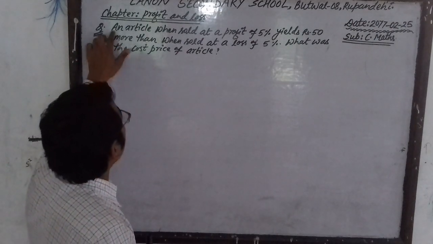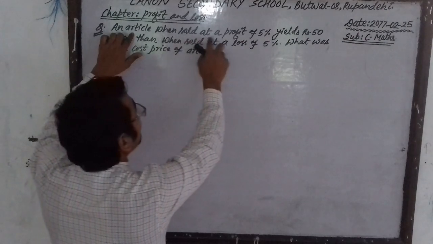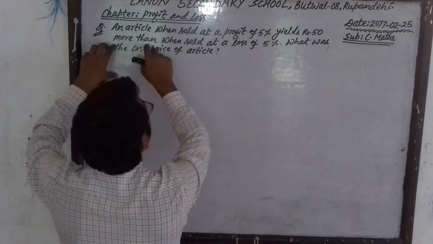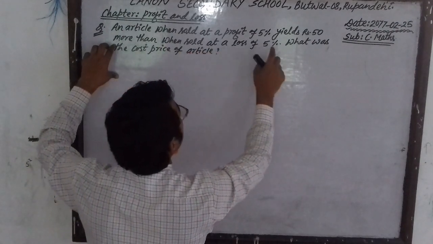As I said already, an article when sold at a profit of 5% fetches rupees 50 more than when sold at a loss of 5%.